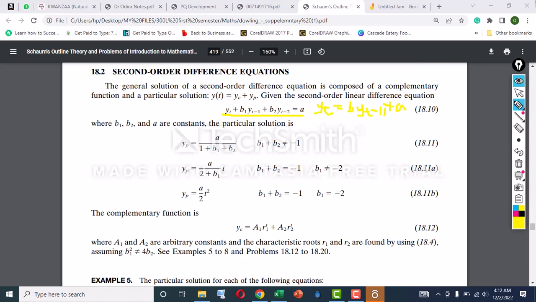Another thing you should notice, something that also happens in differential equations. Remember, I explained that in differential equations, when you are finding the first order general solution, most times they will just ask you to find the general solution directly. Out of the general solution, you can now bring out your yc, which is your complementary function, and your particular integral.